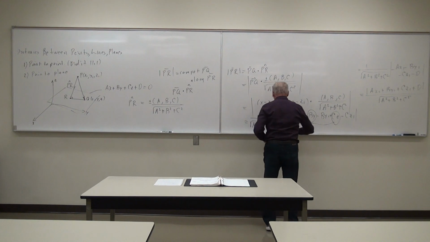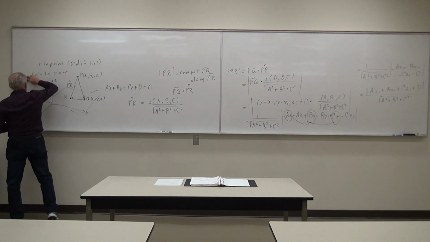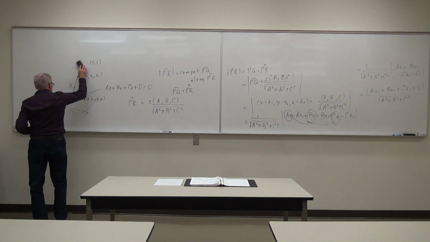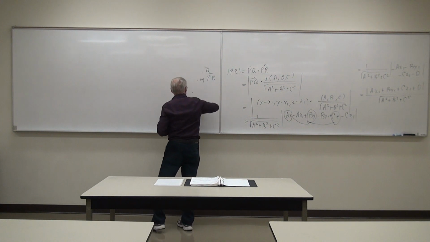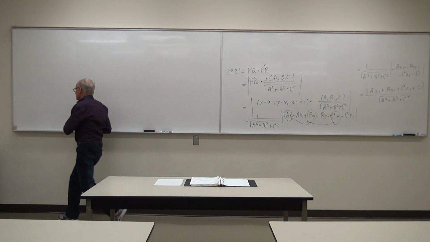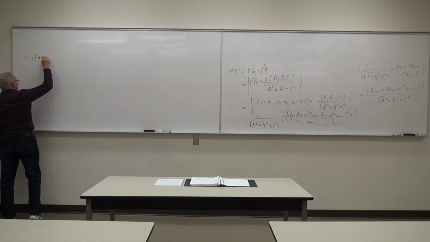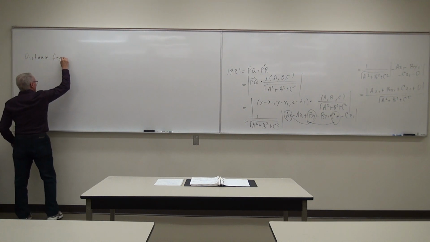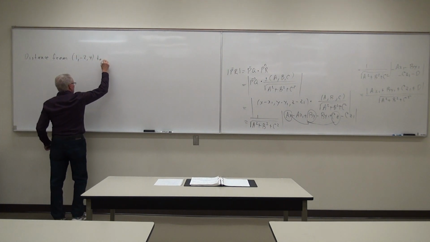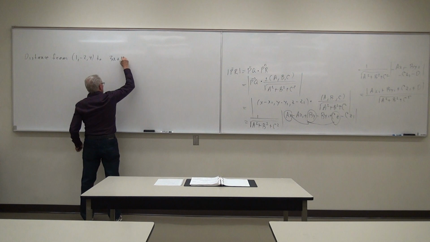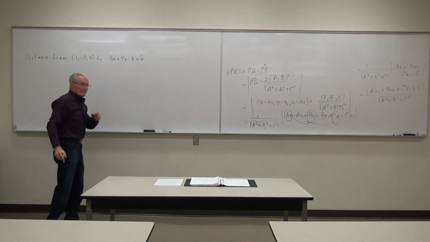Example, let's do a nice simple example. Distance from point 1, minus 2, 4 to the plane 3x plus 4y minus z is equal to 6. Right.